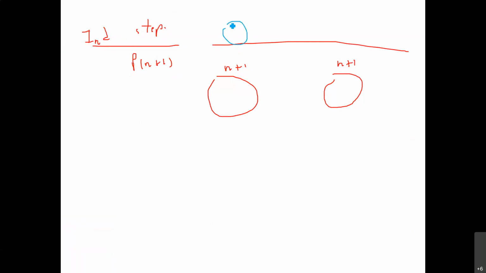For anything between 1 and n, it'll work. We will now prove that if it was n plus 1, it'll also work.